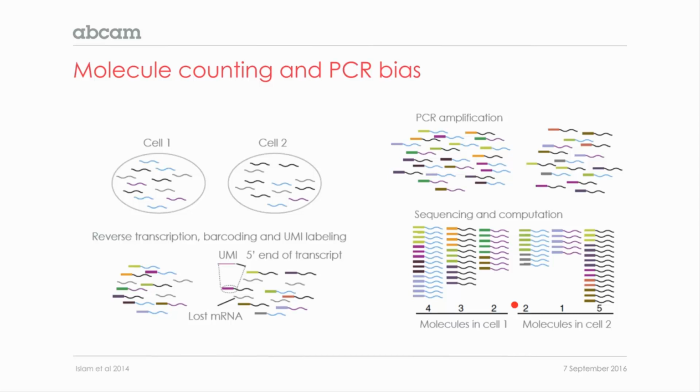And this again represents what we are interested in, the quantification of the initial state, the amount of molecules we had in the original cell. And again, this is something that we can do only due to introducing the UMI before the amplification step.